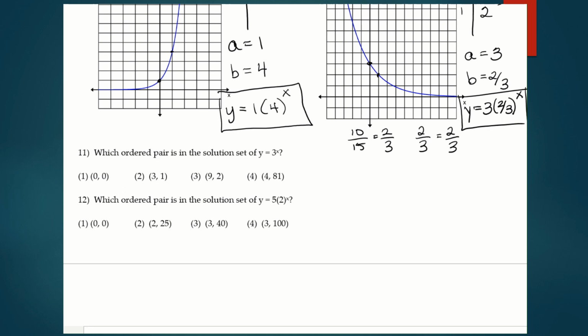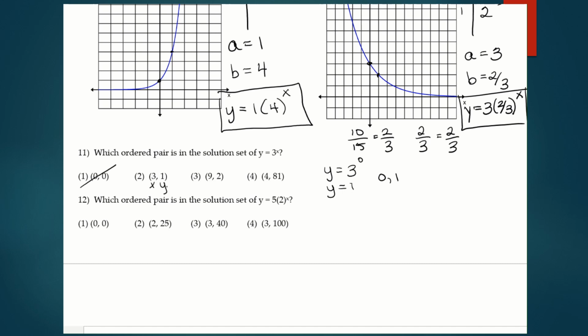If you wanted to actually say, okay, so if I plug in 0 for x, so let's see, y equals 3 to the 0 power. Well, what's anything raised to the 0 power? 1. So this ordered pair would be 0, 1. Is that what we were given? No, we were given 0, 0. So that's obviously wrong. 3 to the 3rd power, does that give me 1?